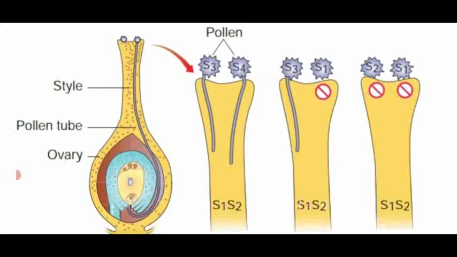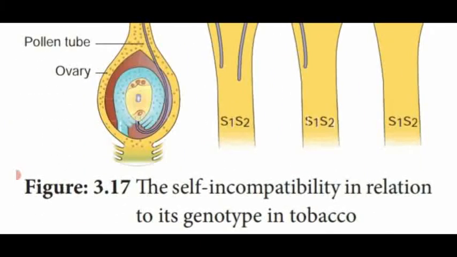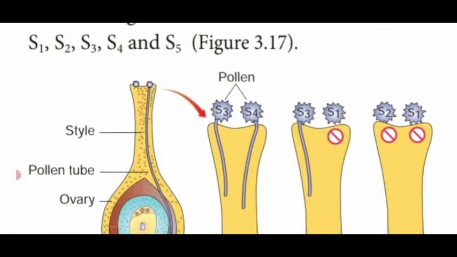See the last one: at the top is S2, S1, and at the base S1, S2. Both of them have similar alleles, isn't it? So they are unable to germinate. So this is the self-incompatibility in relation to its genotype in tobacco, that is Nicotiana tabacum.